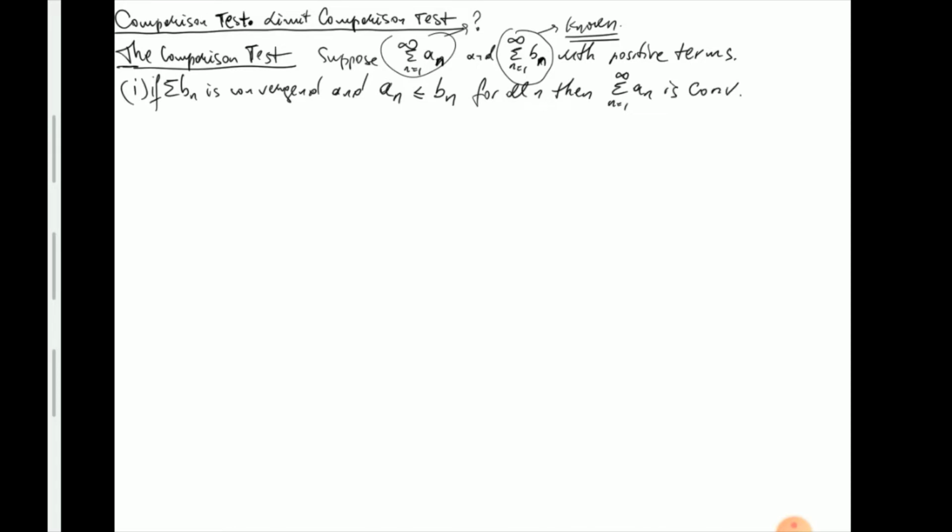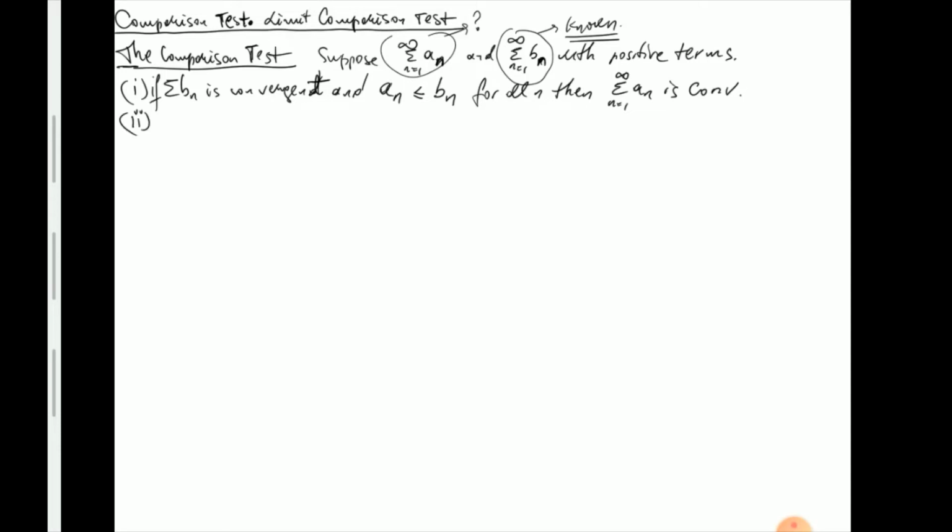Essentially, if the an in your series is less than bn, which comes from another series that you know is convergent, then you can conclude an is convergent. So less than finite is convergent.